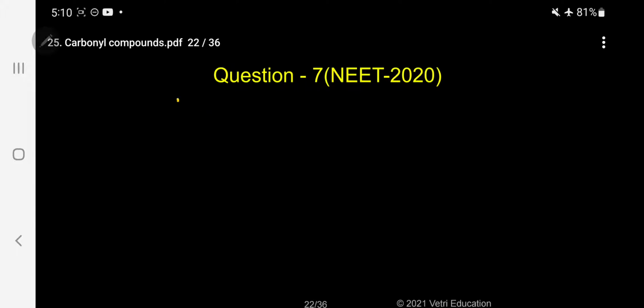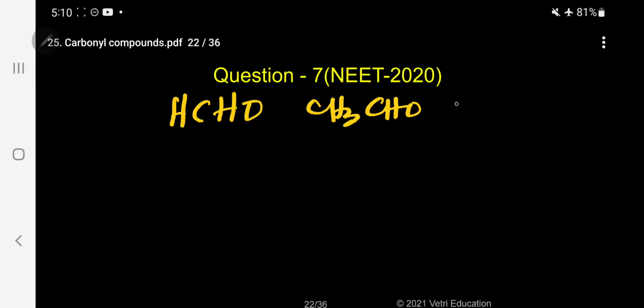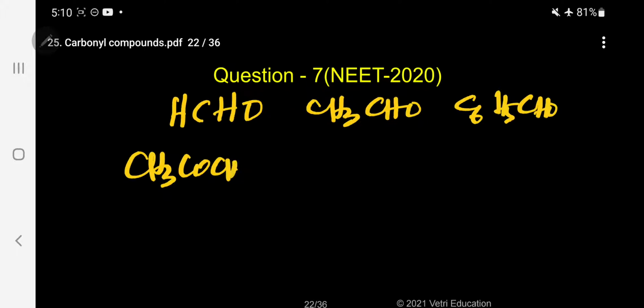Say for example, you take, this is most important in the case of carbonyl compounds: formaldehyde, acetaldehyde, and benzaldehyde. This is in the case of the aldehyde members we are studying. In the case of ketones: acetone, acetophenone, and benzophenone.